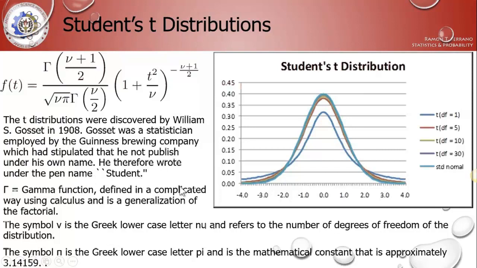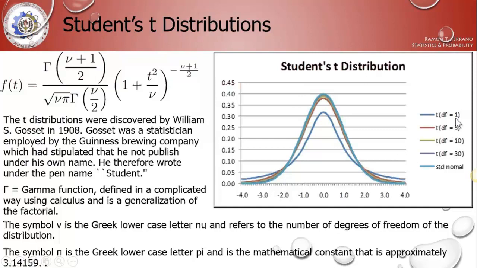Okay, hanggang sa napansin ng marami na mukhang may sense yung kanyang ginawang formula na ito at yung kanyang distribution na ine-estimate ang isang normal distribution kung sakali mang less than 30 or kakaunti lang ang sample size o kaya naman mga information about the population sigma is not known, in-estimate niya using the distribution na ginawa niya, dinevelop niya.